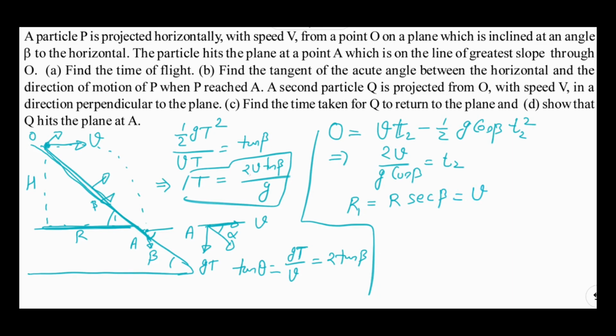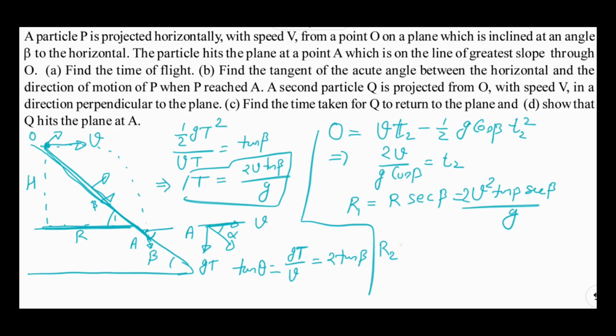So v and t are already known to us, t is 2v tan beta by g. If I put it here, I will get 2v square tan beta sec beta by g. This is going to be the range along the incline for the first particle.